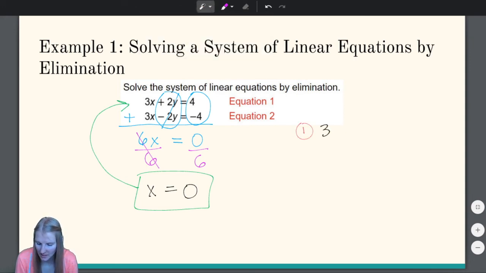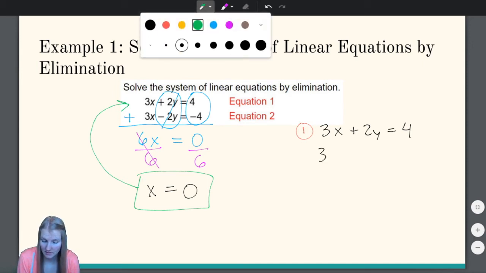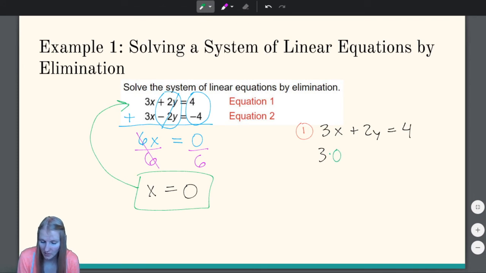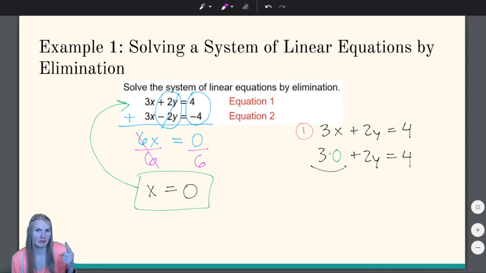We'll take 3x plus 2y equals 4, and plug in 0 for x. So I have 3 times 0 plus 2y equals 4. Well, 3 times 0 is just 0, so that's gone, and I just have 2y equals 4.